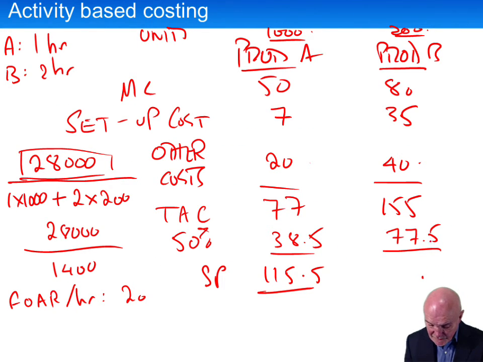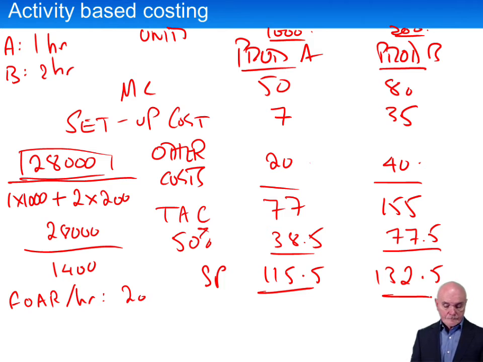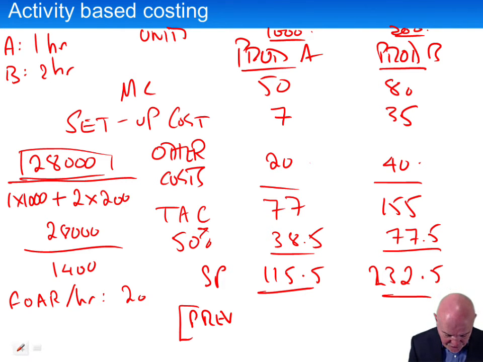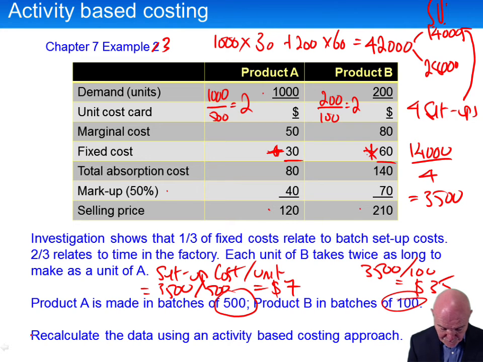It's going to be 5, 12, 13, 1, 2. Remember the previous costs and selling prices, the previous selling prices which we had for these two products, 120 and 210.